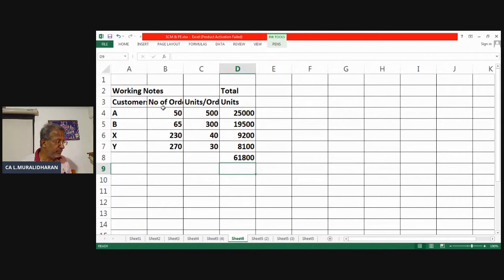Right. So this will enable us to find out the profitability this way. Product, customer, profit analysis, profitability analysis.